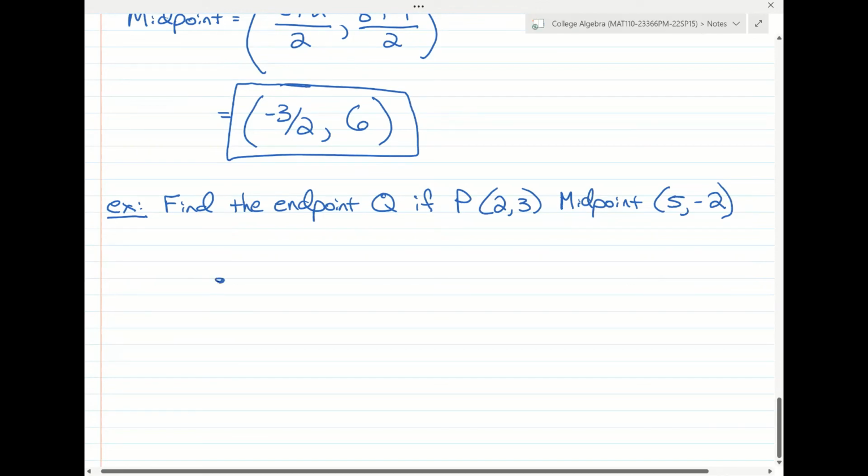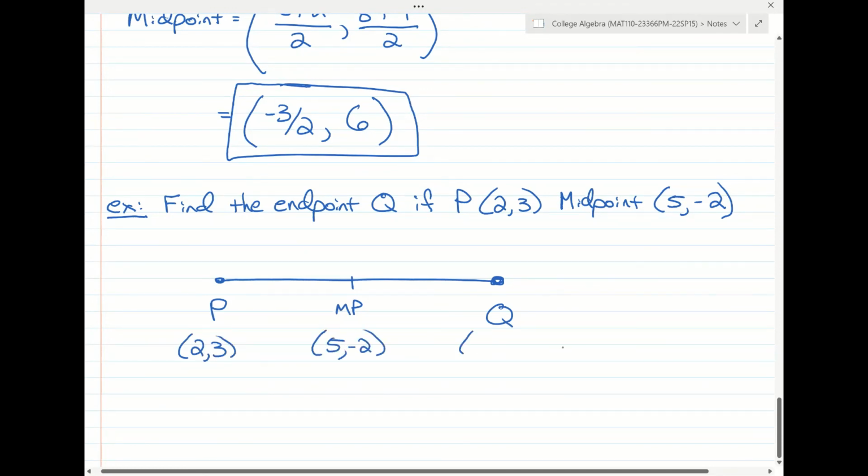So really, the best way to do this is just to graph it out, like I'm doing right here. We know point P is 2, comma, 3. Midpoint is 5, comma, negative 2. We don't know what Q is.